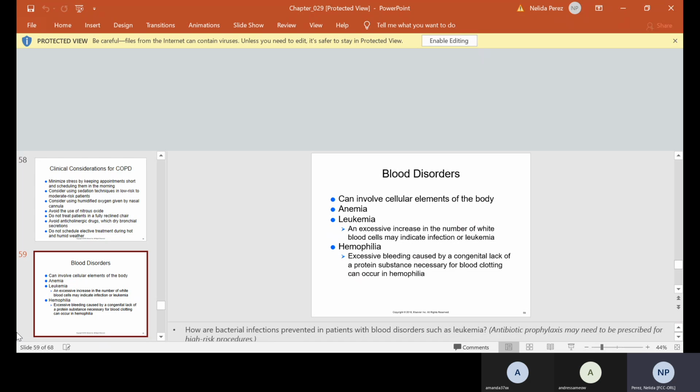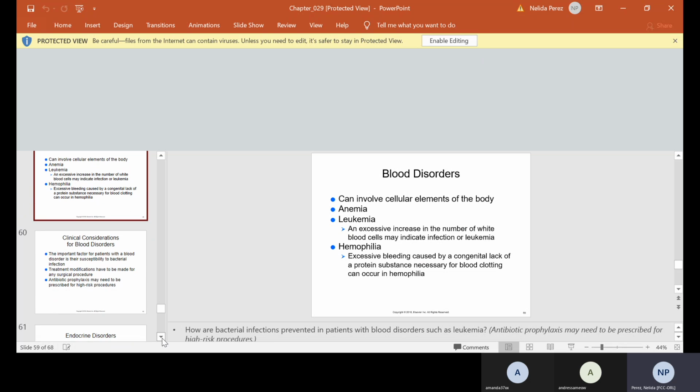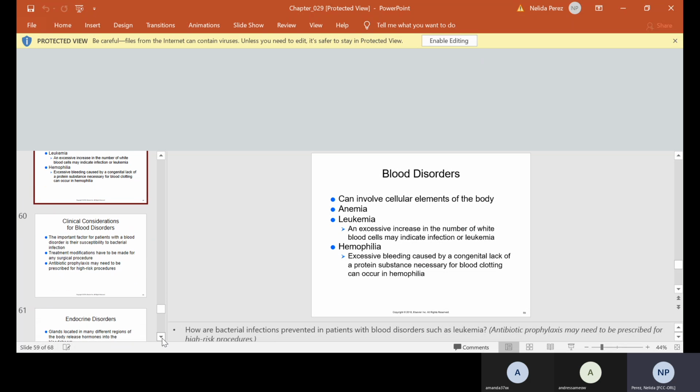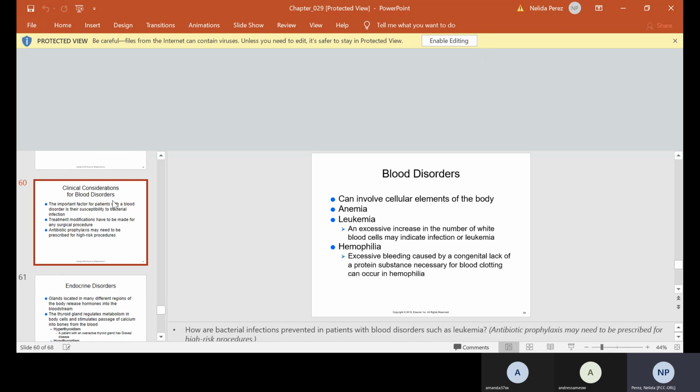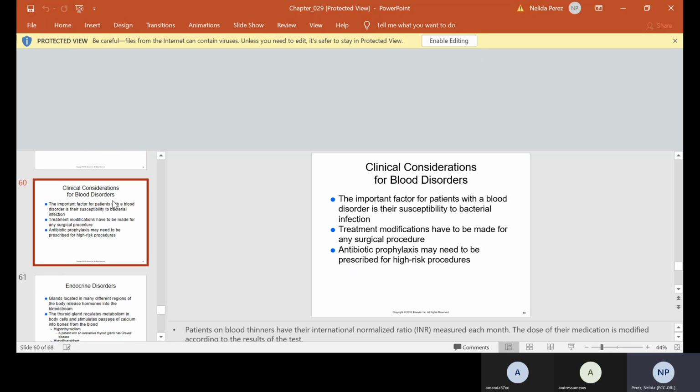And antibiotic prophylaxis may need to be prescribed for high-risk procedures. So if any patient comes to the office and they're a high risk, the doctor will give them some antibiotics to take possibly an hour before their appointment. Otherwise, it may need to be rescheduled.